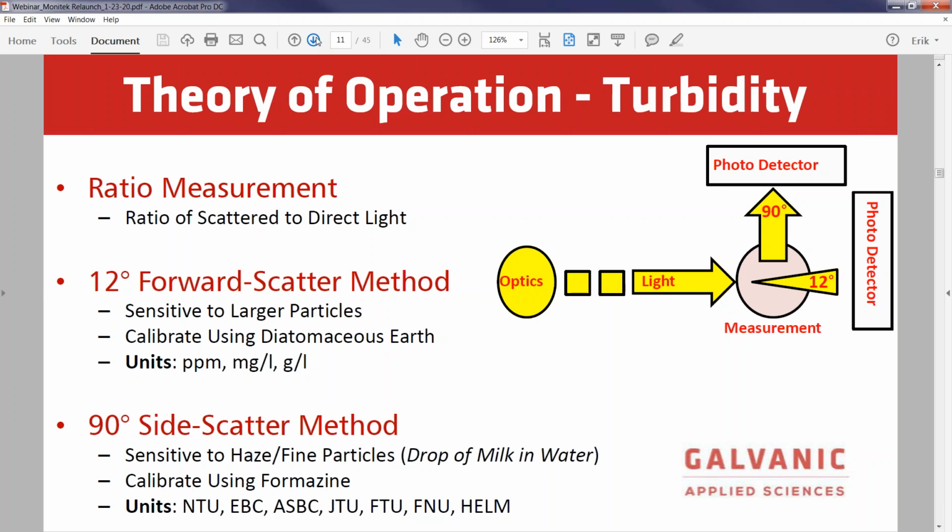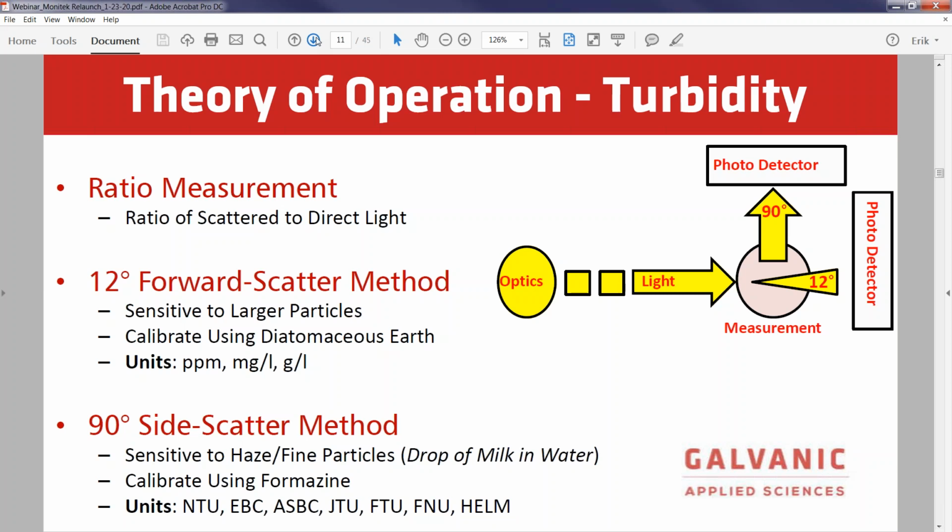So what happens is, if particulates get in the way of this focused beam, it sends the beam out of focus. So on the direct beam, which is the reference channel, 180 degrees from the lamp, it absorbs some of the energy. So that energy drops, but the 12-degree or the 90-degree picks up on this lamp out of focus because it gets bigger and it's allowed to pass through the apertures, and the signal increases.